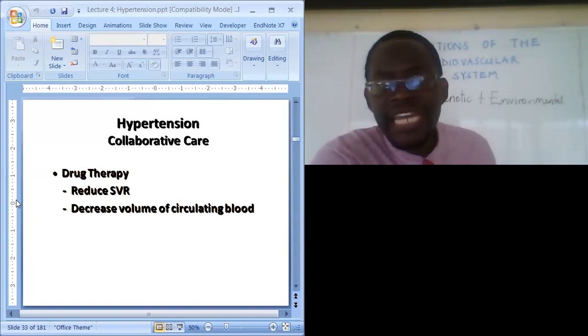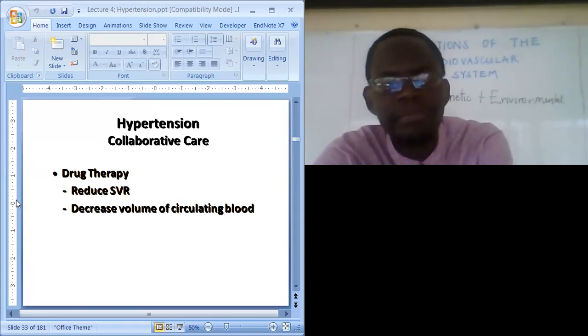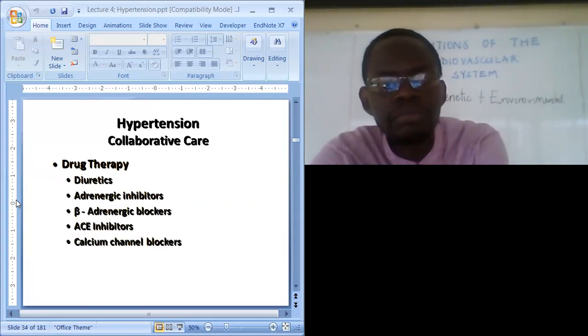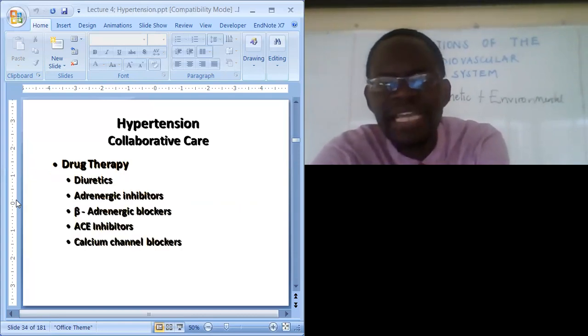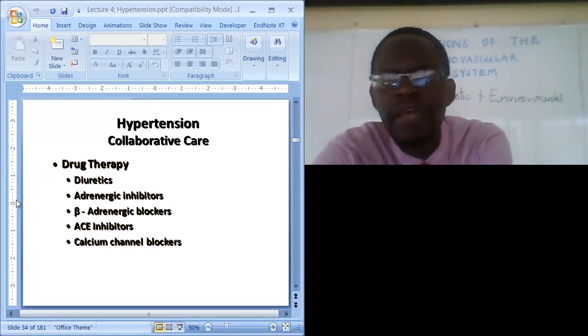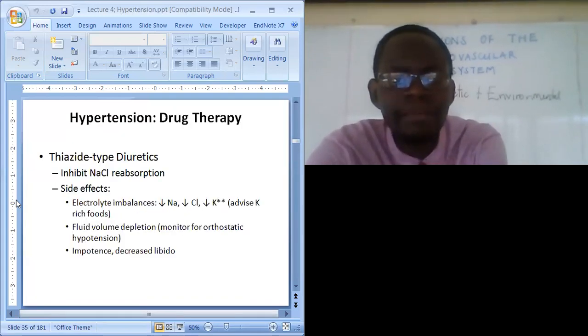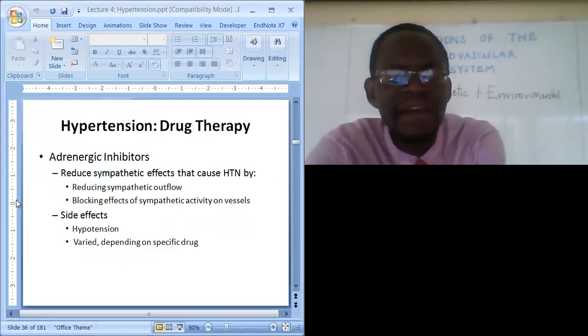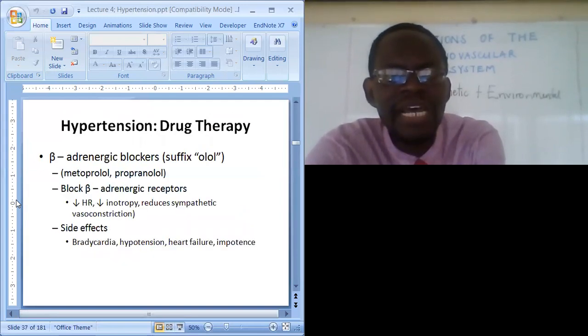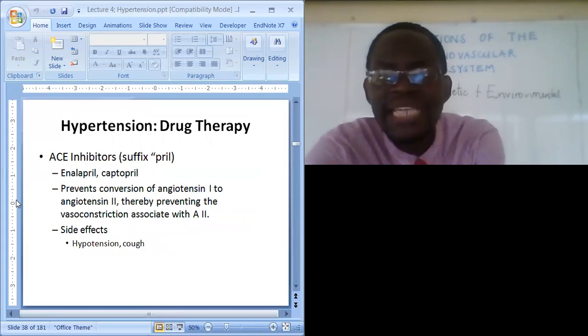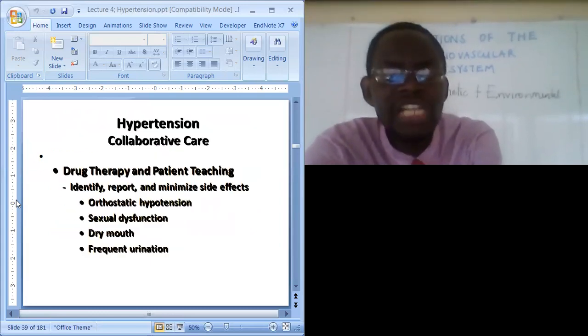They should either decrease the cardiac output or decrease the total peripheral resistance, as we saw earlier in the diagram. Those are some of the drugs given, and when you do pharmacology, you'll be able to understand them: thiazides, adrenergic inhibitors, beta blockers, ACE inhibitors, calcium channel blockers, among others.